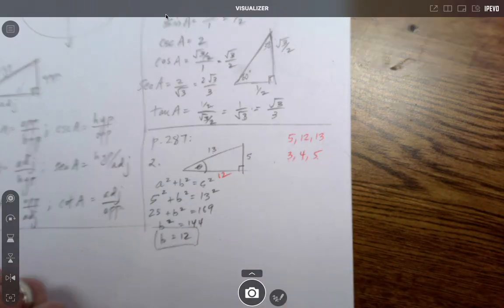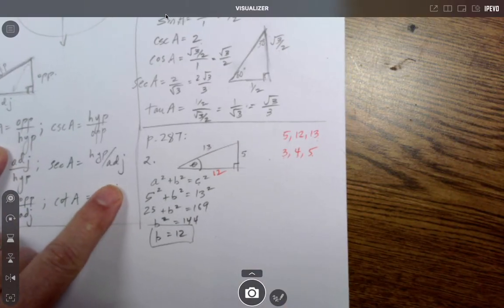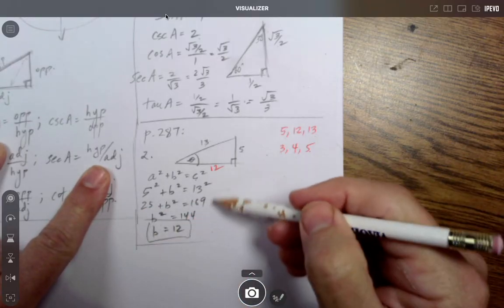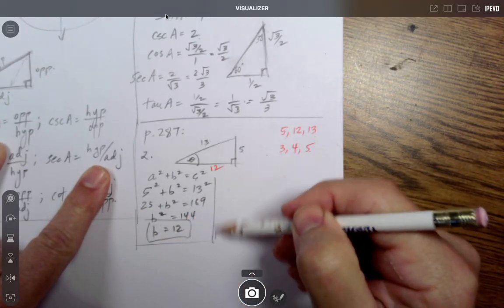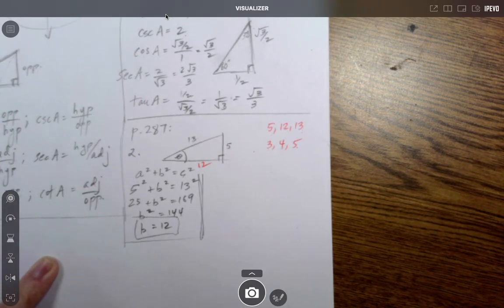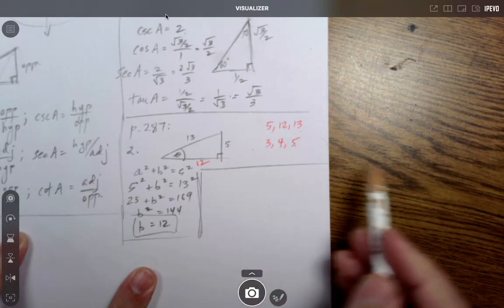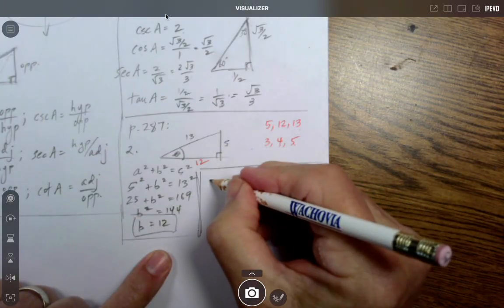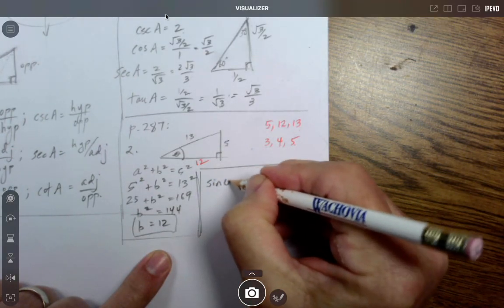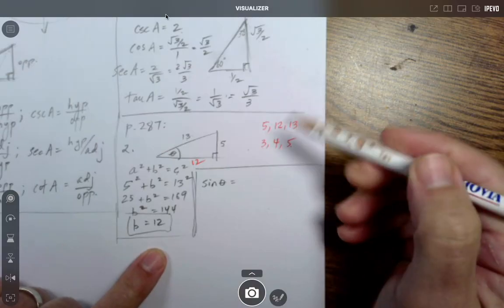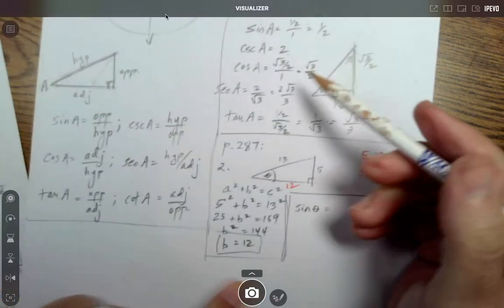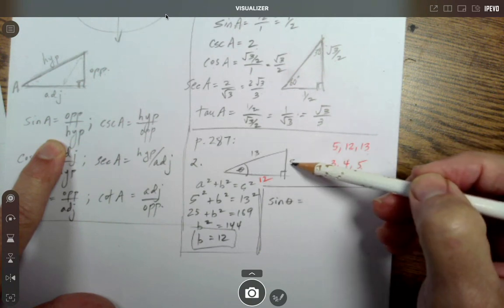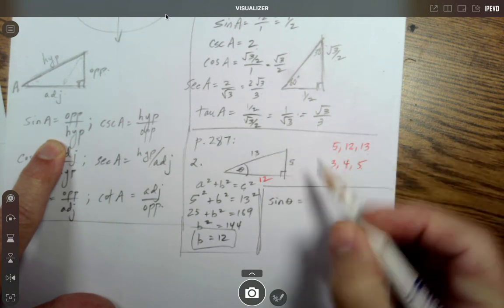b is 12. Now that I've figured out the third side, I can go ahead and find my 6 trig functions, right? So sine of theta, remember, sine of theta is opposite over hypotenuse, so that would be 5 over 13.